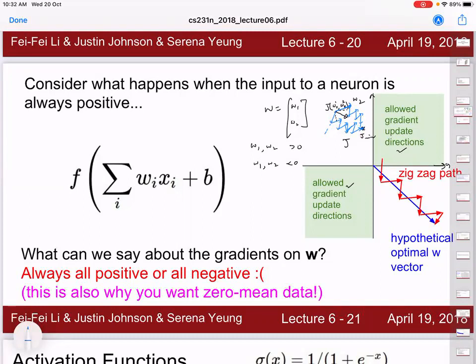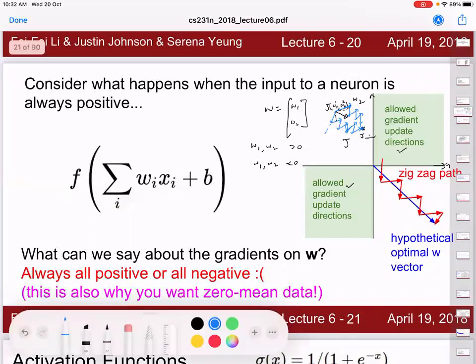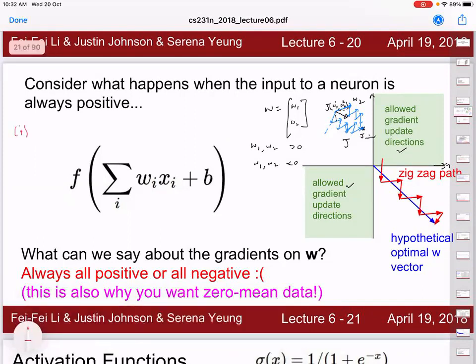There may be many others, but there are two very trivial suggestions through which you can improve the weight updates. One is very simple. Please answer quickly. We already lost half of the class here.